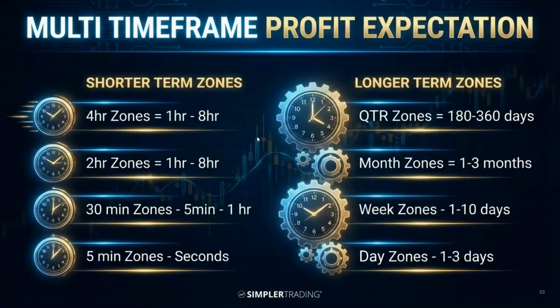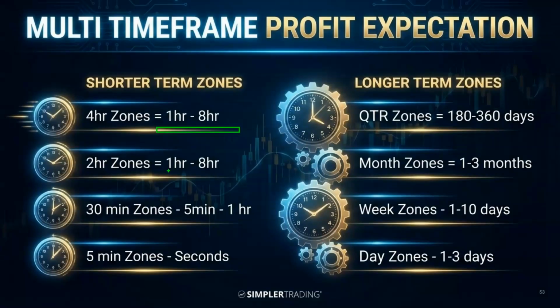For shorter term zones, like a 4 hour zone, I'm expecting profits anywhere from minutes or an hour to 8 hours, so maybe inside of 1 day of trading. 2 hour zones, I'm looking for profits in basically the same amount of time, anywhere from an hour to 8 hours.